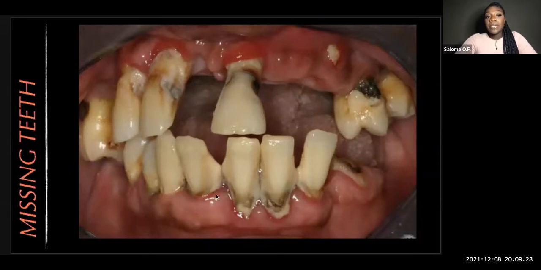All this plaque and tartar needs to be removed with a dental instrument. It's not something that you can do at home. I know there's a lot of commercials that show metal instruments that you can use to remove plaque and tartar at home. I don't recommend or advise anyone to use those kinds of instruments at home, because our teeth and our gums are structured in a way where you won't be able to properly do it on your own.